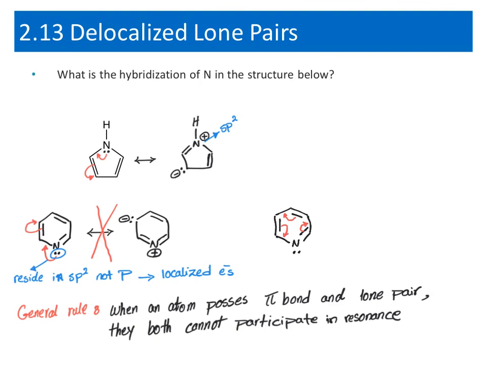So you can draw a resonance structure for pyridine by moving the pi electrons in the ring. As you see, I didn't touch these lone pairs while drawing the resonance structure. They don't participate in resonance. So this is the best resonance structure that you can draw for pyridine.